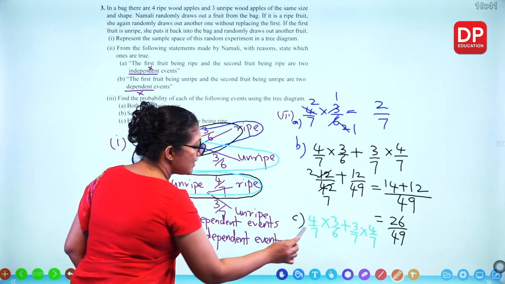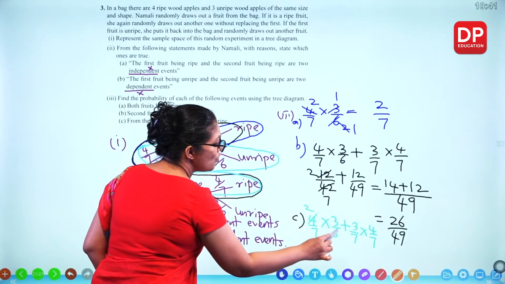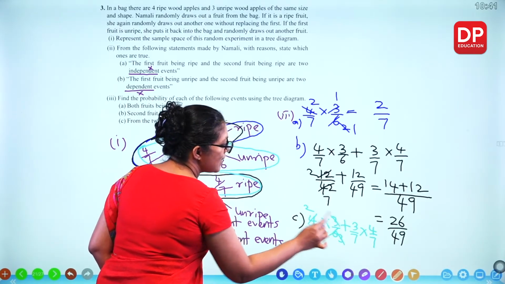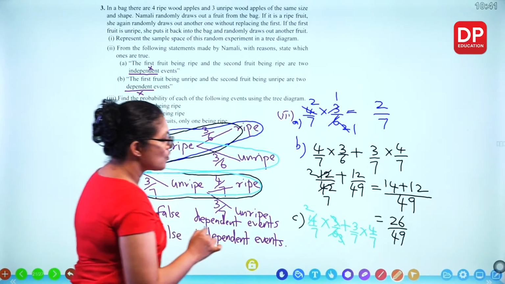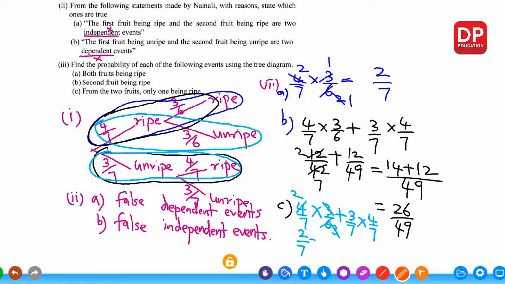We can simplify this. 2 times 2, 2 times 3. This 3 gets cancelled out with this 3. So you get here 2/7 and 12/49. Convert to the same denominator, that's 49. So 7 times 2, 14 plus 12, you get 26/49.